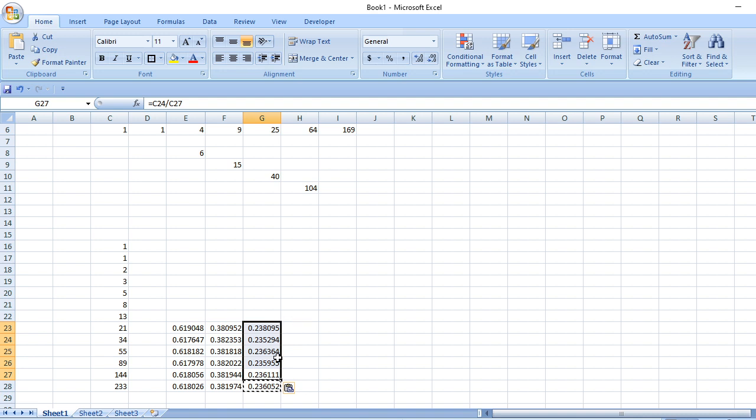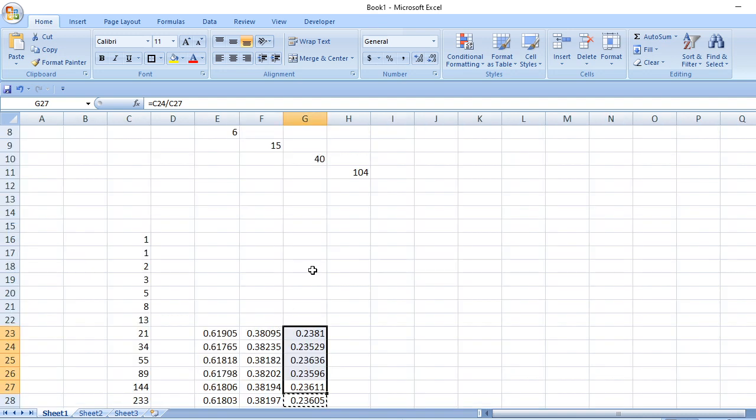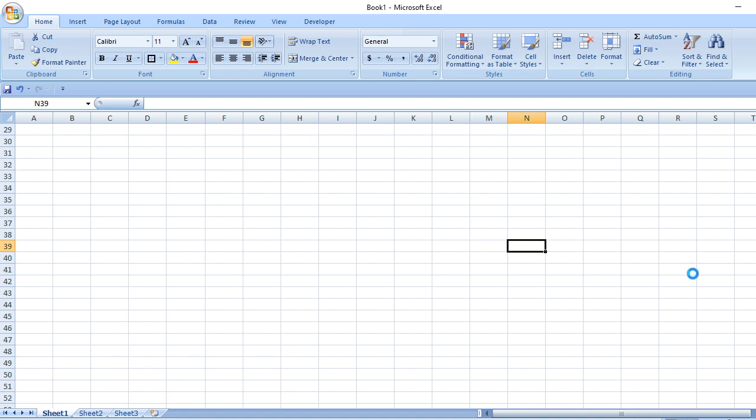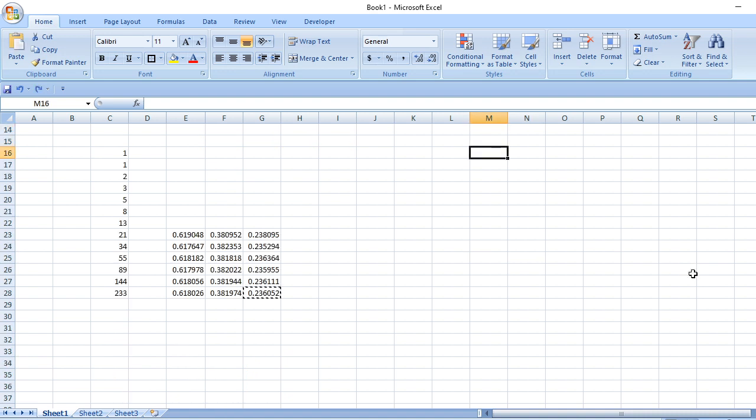If I make a note of this, this is nothing but 0.236, then 0.382, and there is one more, I'll add 0.5, which is half, and then 0.618.